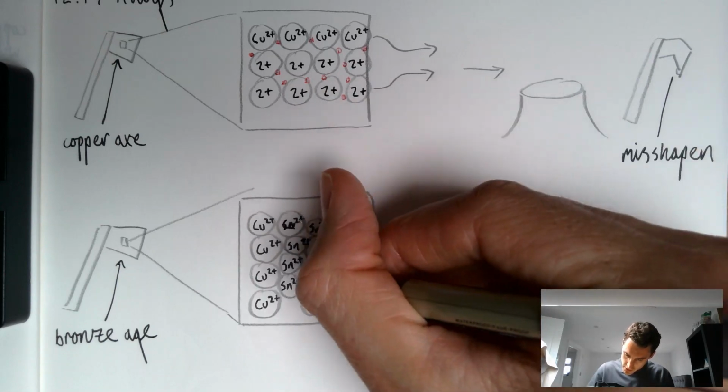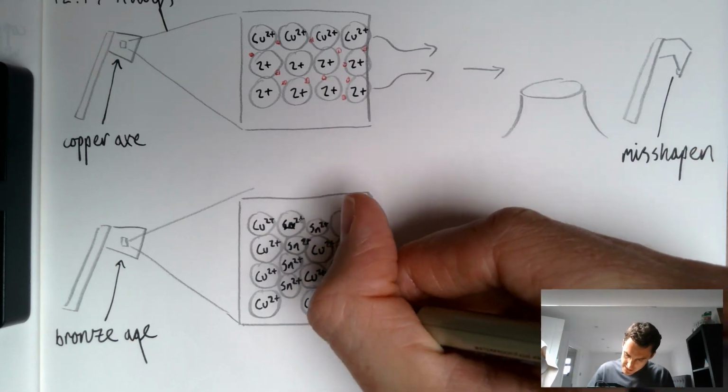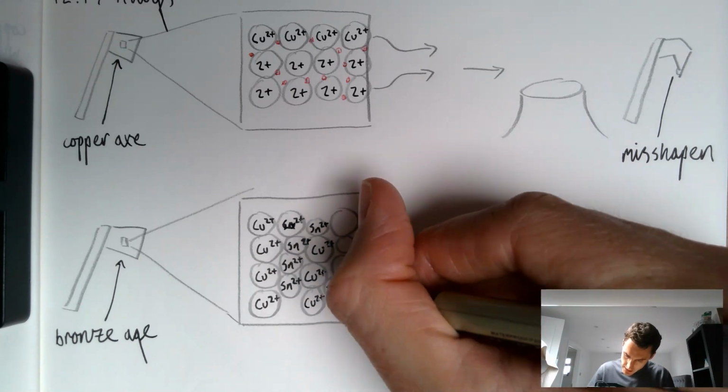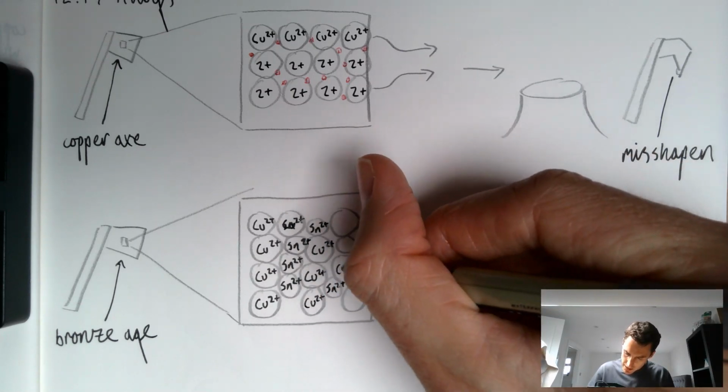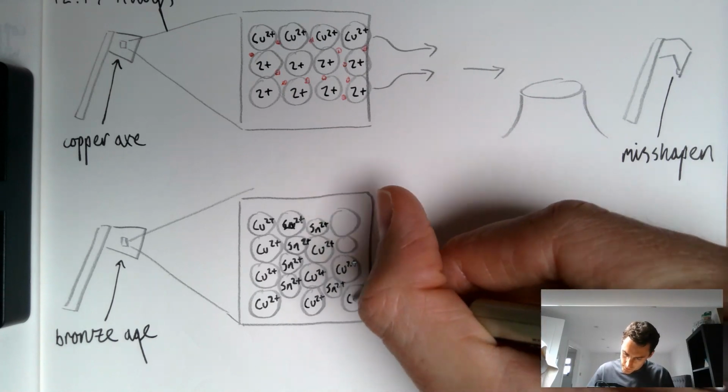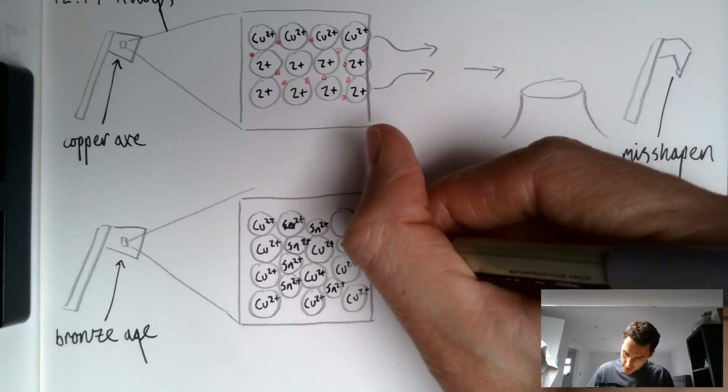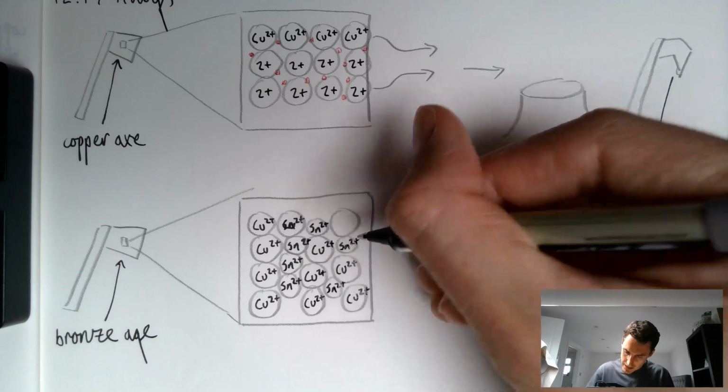Now, what you want students to notice is that by adding these extra ions into your lattice, well, you've kind of stopped it being a lattice at all. So yes, you've got lots of metal ions in there.